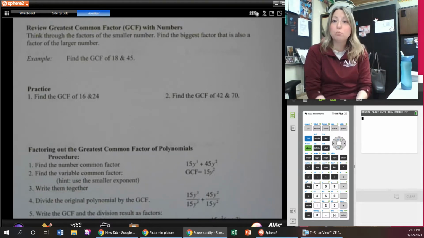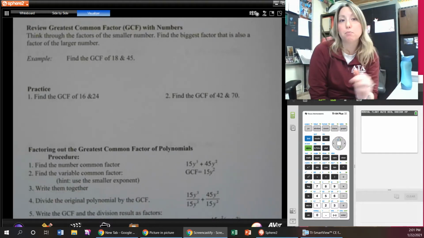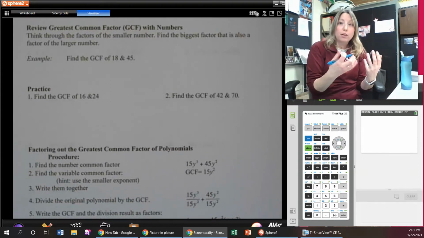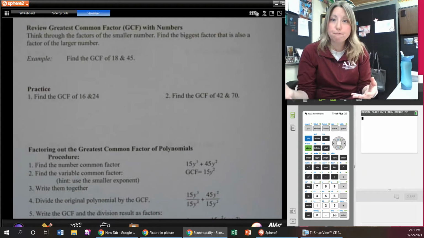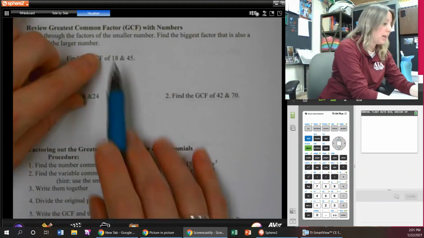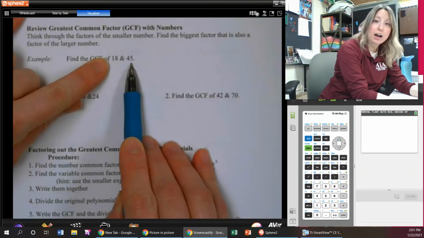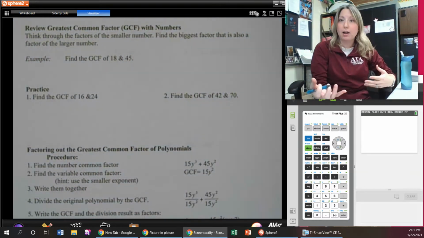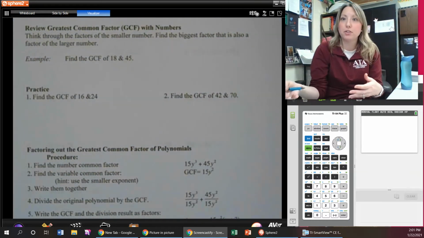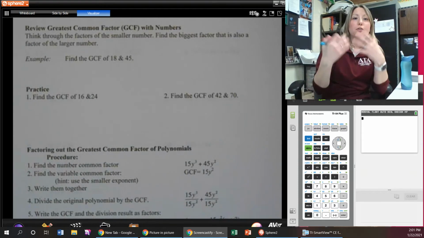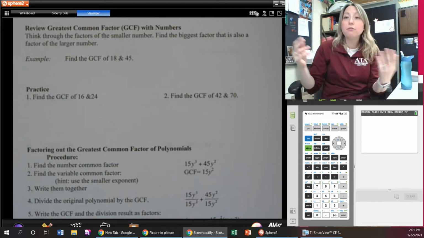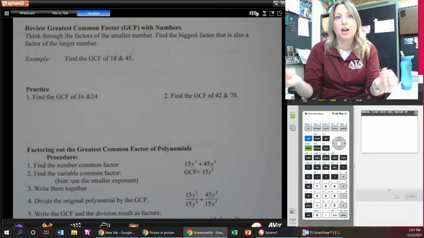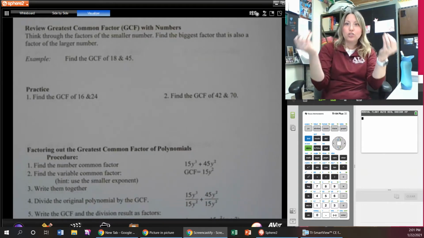So if there are only two pieces present, it's the biggest number that divides evenly into both pieces. So the greatest common factor of 18 and 45 isn't going to be a huge number like 45. It's going to be the biggest number that divides evenly into both.